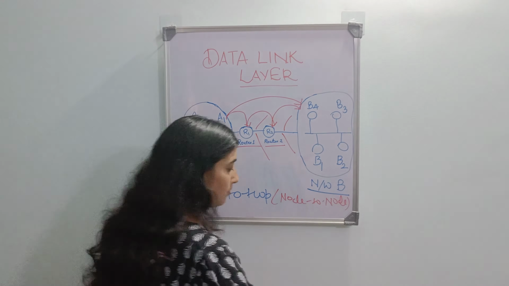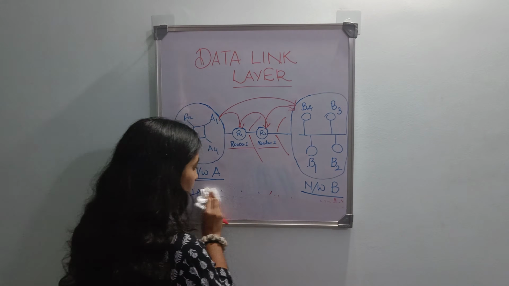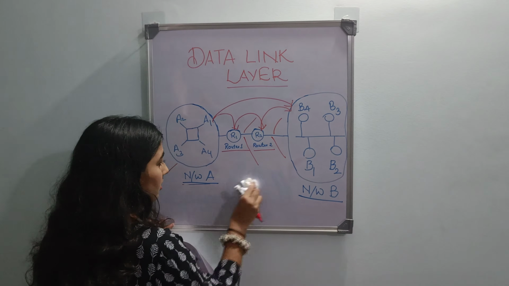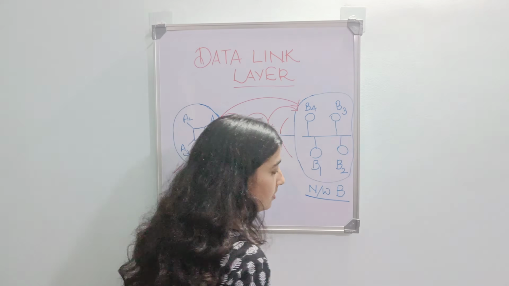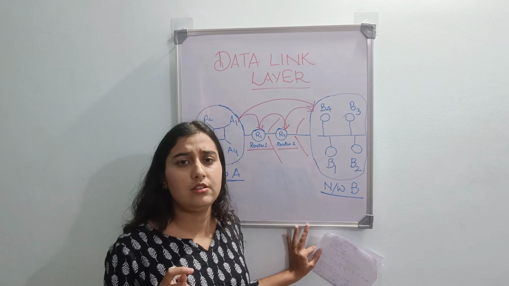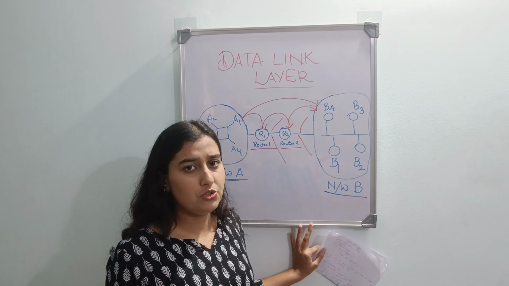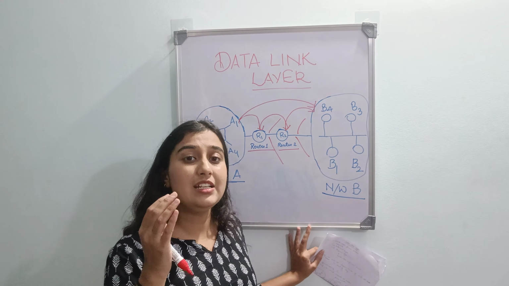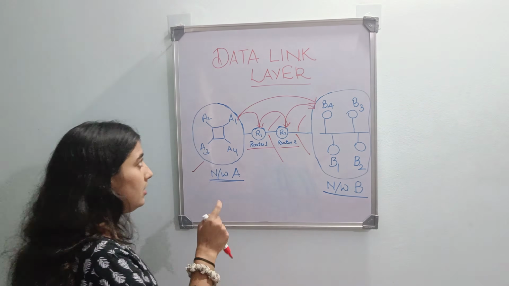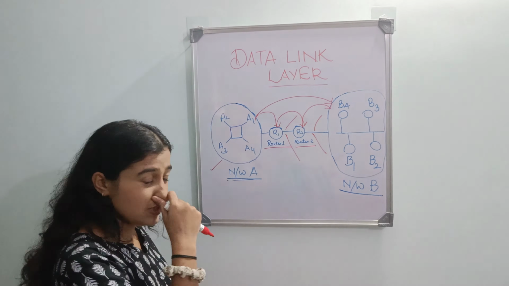So the second responsibility that it takes is flow control. As you must have observed, when your gallery is filled with too many pictures, what you usually do is delete some pictures to make some space. Even here, something similar happens.